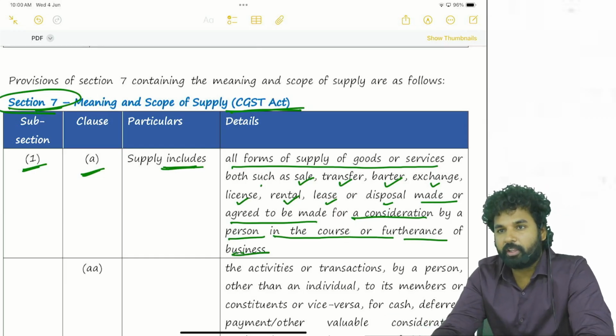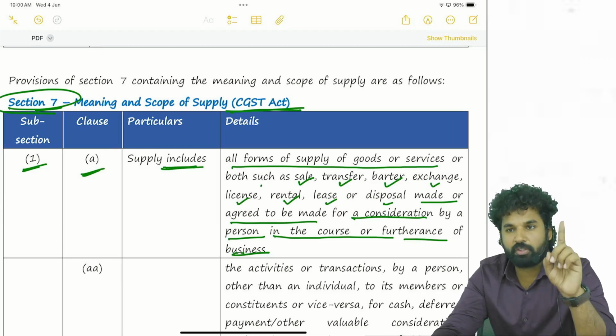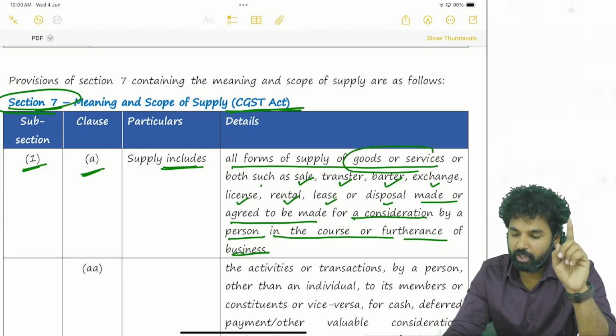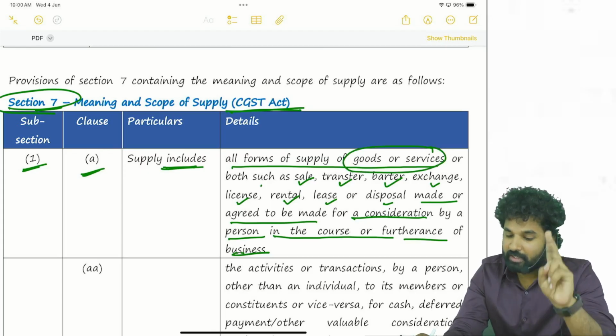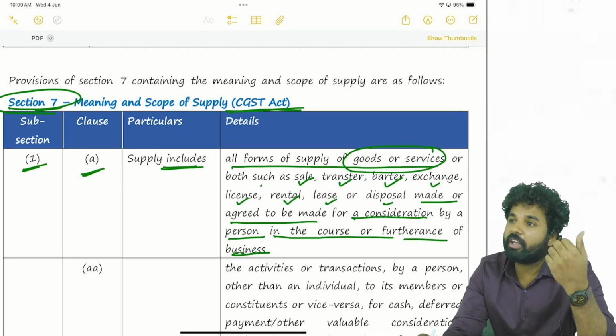So in order to take the definition of supply, the first line itself is telling that supply shall be of goods or services. First one, there shall be goods or services. Second point is that it may be in any form.